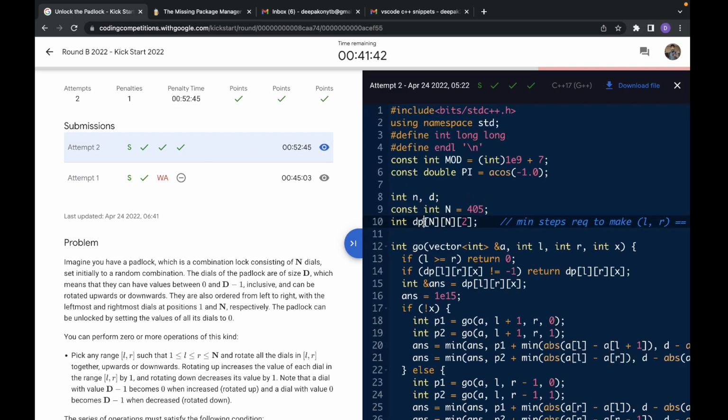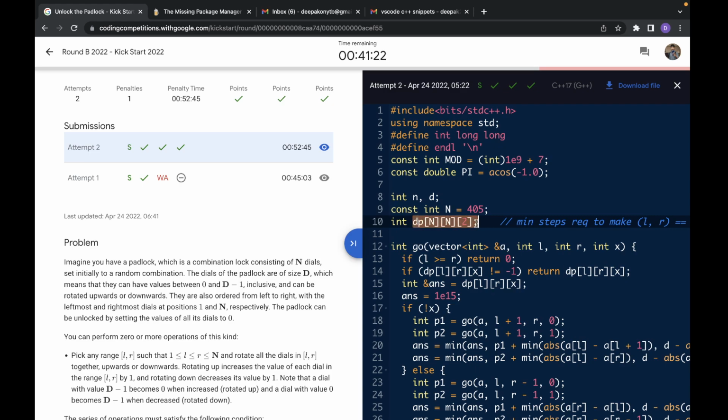So I had a three-dimensional DP: I, J, and K. These two dimensions are basically a range. This is the left pointer, and this is the right pointer. And then this third one is actually a flag whose value is either a zero or a one.